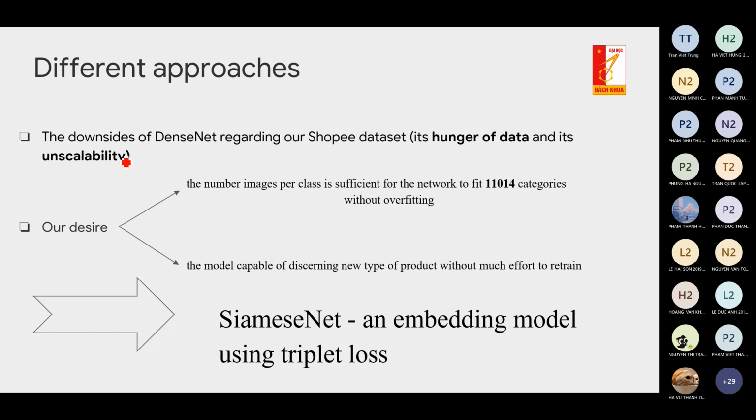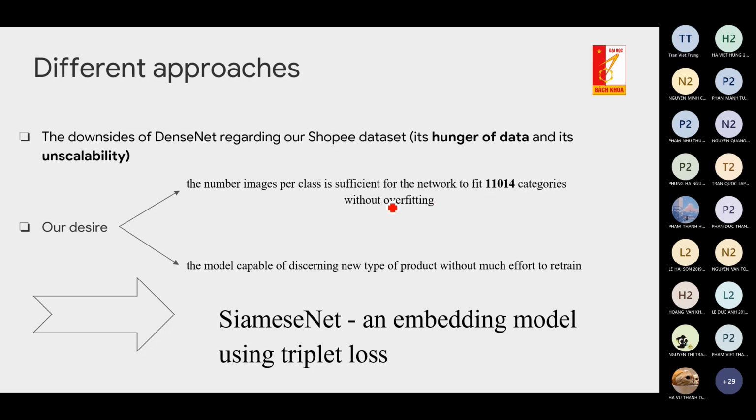That is because the DenseNet has a hunger for data. It means that the provided data is not sufficient to train, and it could not classify other classes rather than the given ones, the given 11,000 ones.